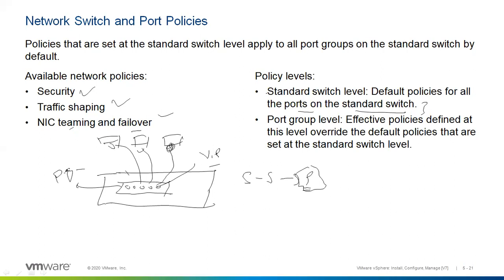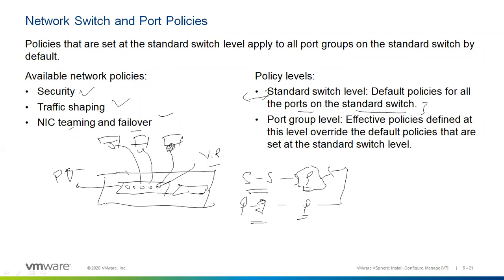At the standard switch level we can configure policies, but if we want to override any policy that I have configured at the switch level, I can also configure it at the port group level. For example, if I have applied a NIC teaming policy or another policy at the port group level, that port group level policy will override, for that particular port group, the policy we get from the switch level.